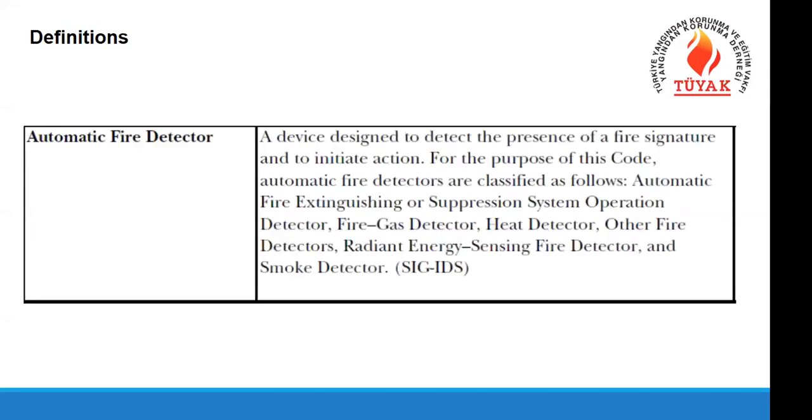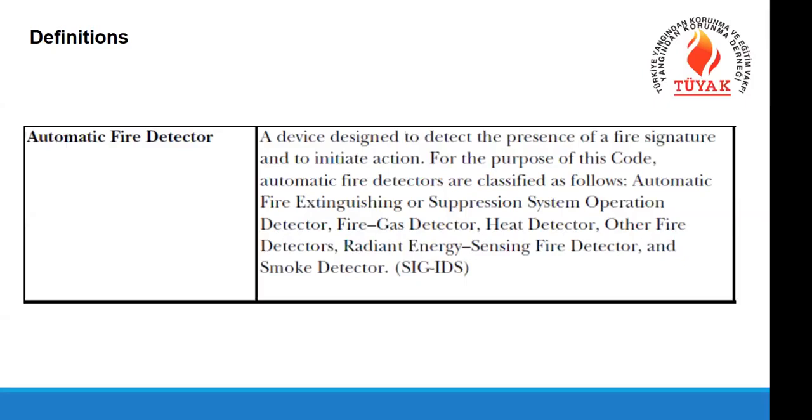An automatic fire detector is a device designed to detect the presence of a fire signature and to initiate action. This action could be an alarm or operating a fire protection system. And the kinds of system detectors are fire gas detectors, heat detectors, different types of radiant energy sensing fire detectors, or smoke detectors, which are explained as automatic fire detectors.